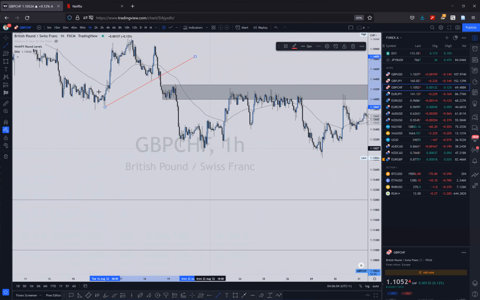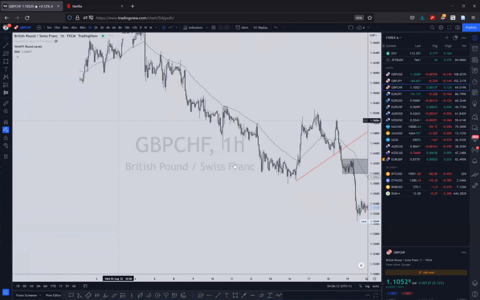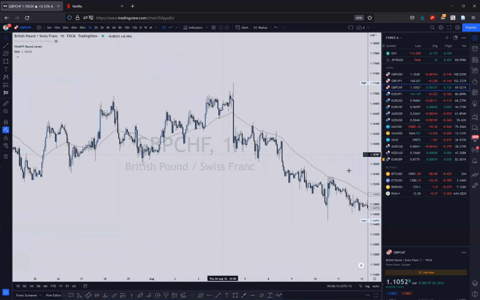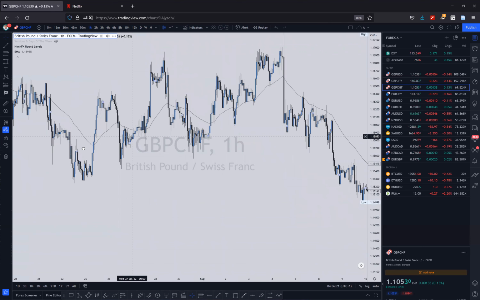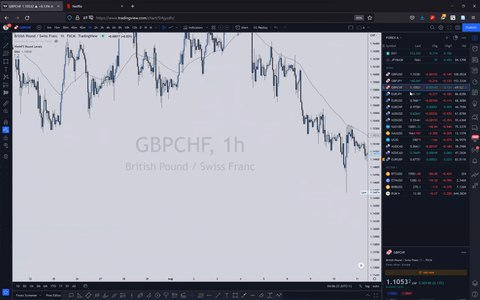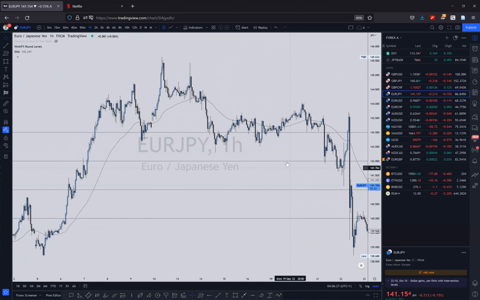You have yourself a nice selling opportunity here. So combining your trend lines and your psychological levels could give you very, very nice entries.